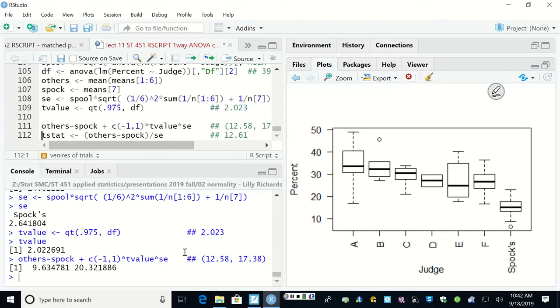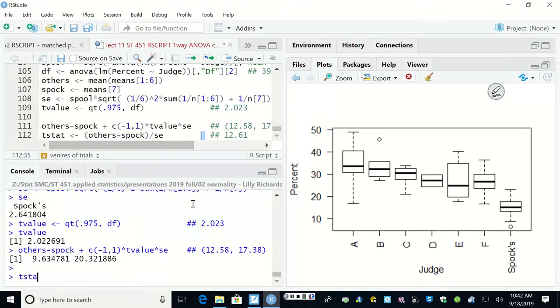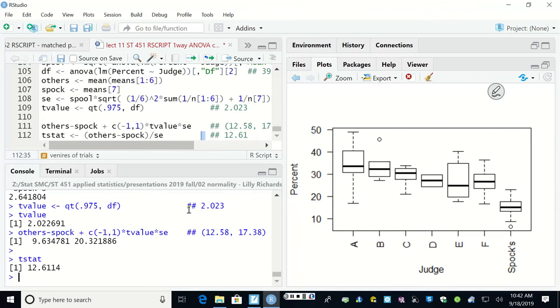If we wanted to do a t-test statistic, we could take the observed difference between the average of the others and the mean for Spock divided by that same standard error, and that t-value is 12.6. So a t-statistic of 12.6 is way off the charts. It's a lot bigger than our 2.02 certainly, and we would conclude that there's a significant difference, right? That it's not just chance. For some reason, his is a whole lot lower.